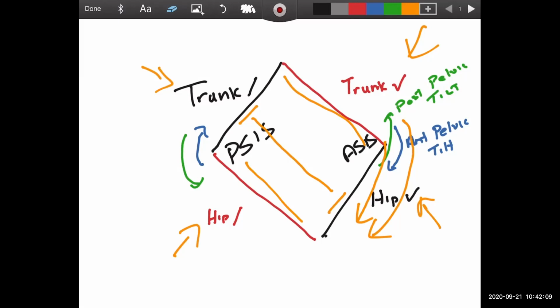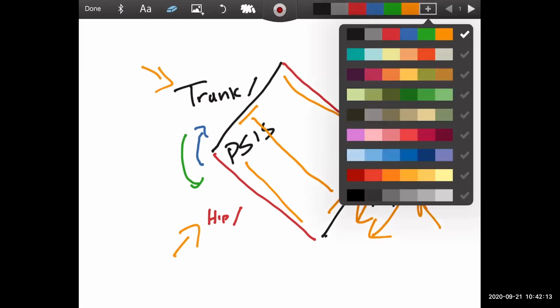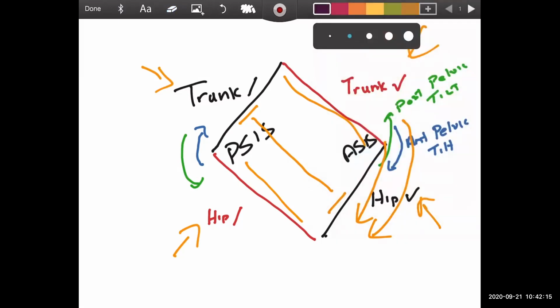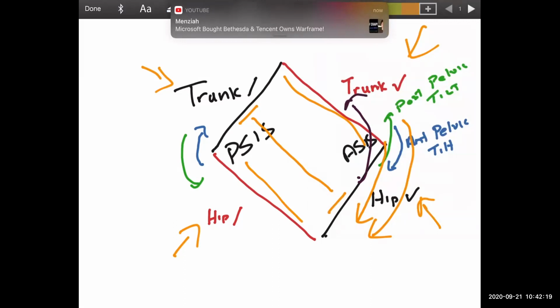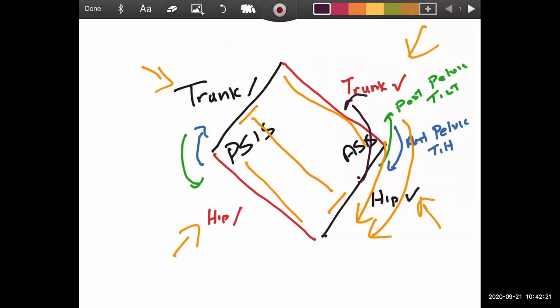So let's say that instead of being in anterior pelvic tilt, I'm now in posterior pelvic tilt. Right, so now I'm in posterior pelvic tilt. Which groups are going to be tight?